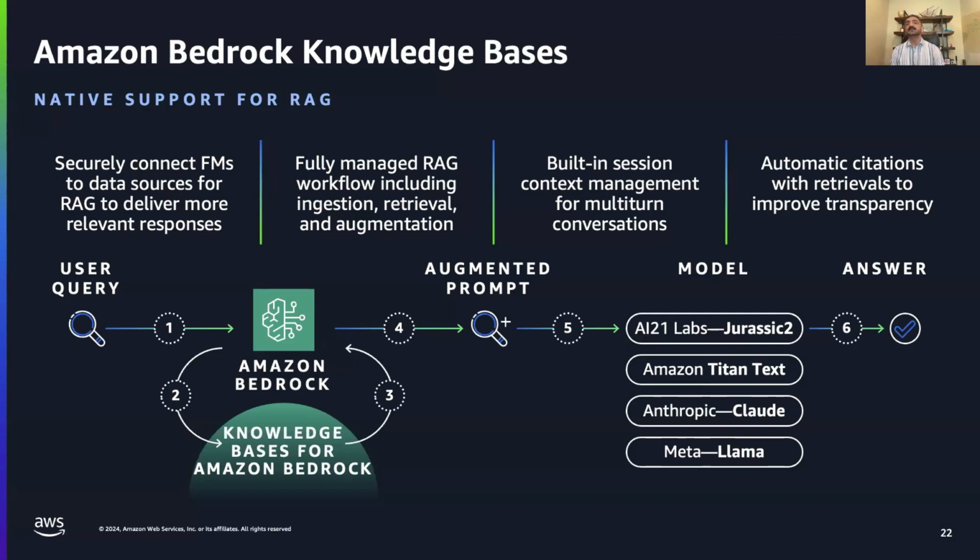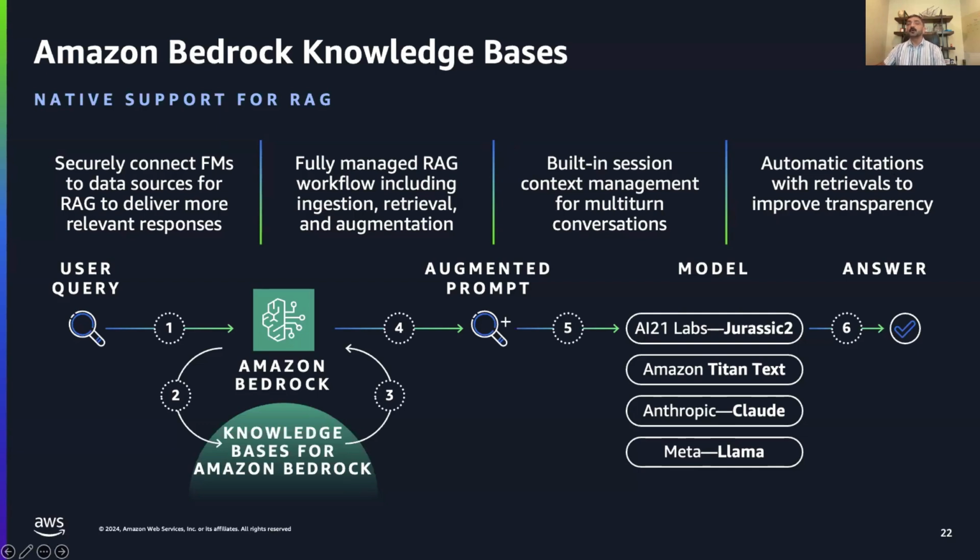And that is a feature, and you can invoke that knowledge base using APIs or SDKs. So essentially, you're now leveraging your own proprietary data to get more customized or tailored responses to your end users.